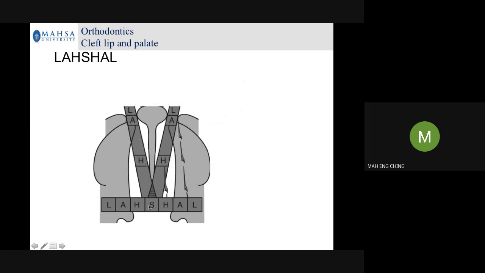So you just link this together. The middle is the soft palate, then on the left we have lips, alveolus, hard palate. On the right side the same, lips, alveolus, hard palate, then in the middle we have soft palate. That's how they describe it. So many systems, you can describe it according to your preference.